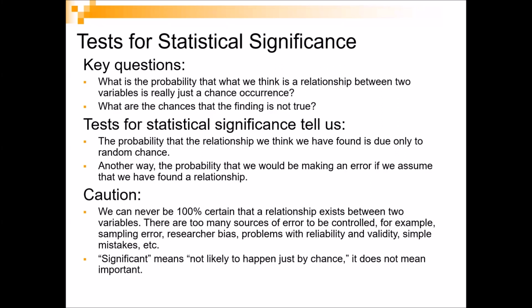And so we can never be 100% certain that a relationship exists between 2 variables. There are too many sources of error, meaning we just happen to pick someone who is shorter than me, but if I were to go to Benjamin to my right, well, he's taller than me, so I've just disproven my hypothesis here. And a lot of times we call that the exception fallacy. Has anyone heard that term? A lot of times when you state a fact, someone says, I know someone who... I hear this with my kids.